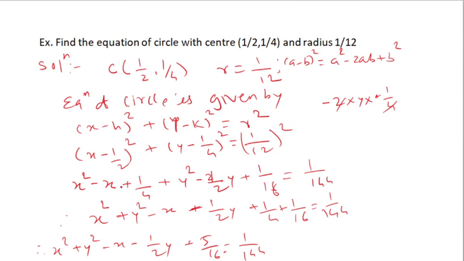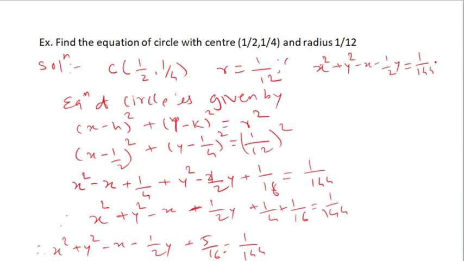Now next, after that what do we get? What is the next step? Try to find out on the left hand side: x square plus y square minus x minus 1 upon 2y is equal to 1 upon 144 minus 5 upon 16.